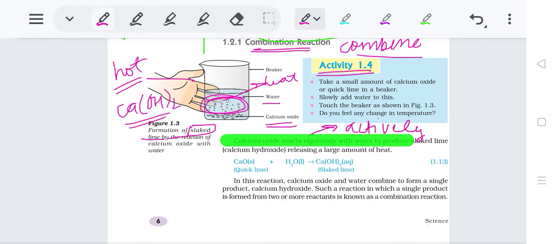You have just added it and the reaction started taking place, the beaker started becoming hot, there is a change in color or something else. We have calcium oxide, which is also known as quicklime. Then we have H2O, which is in liquid state, and we form slaked lime, which is calcium hydroxide. A reaction in which a single product is formed from two or more reactants is called a combination reaction.